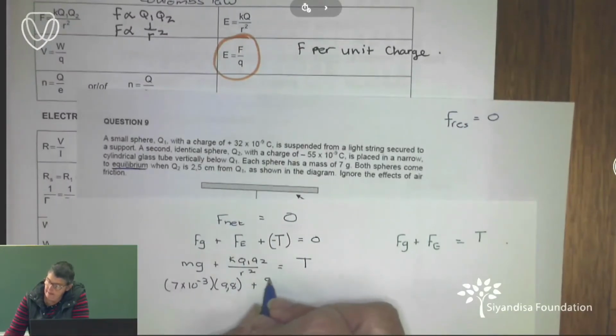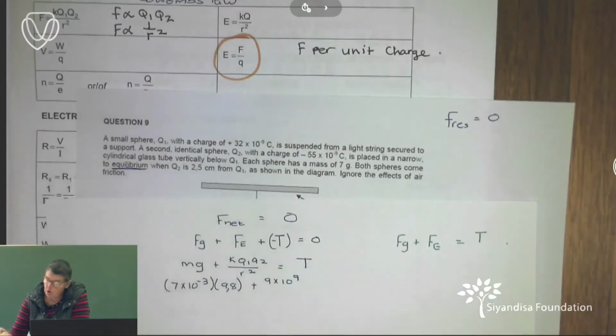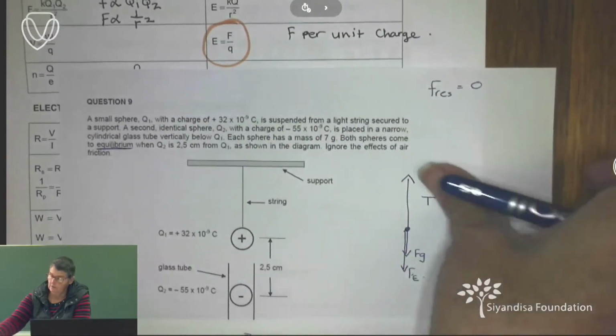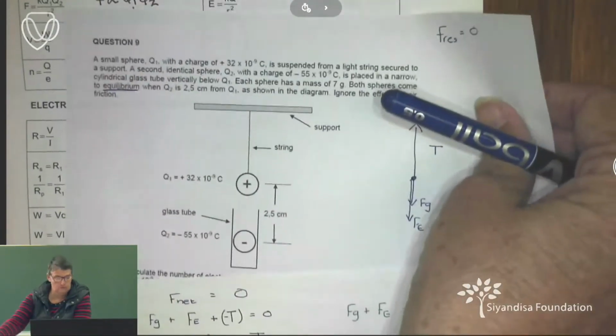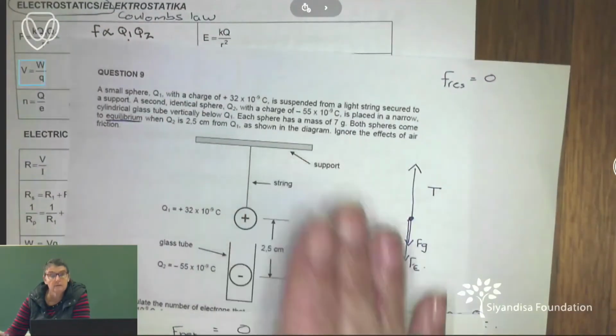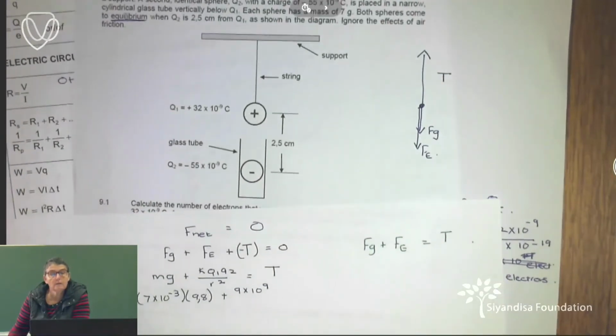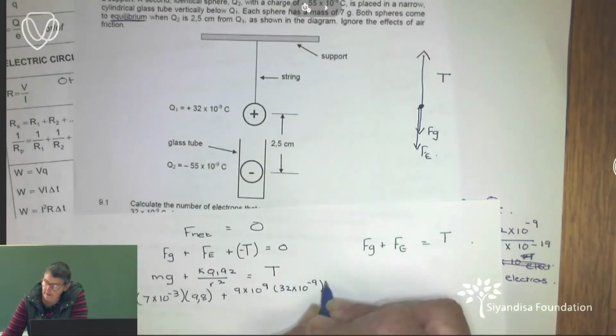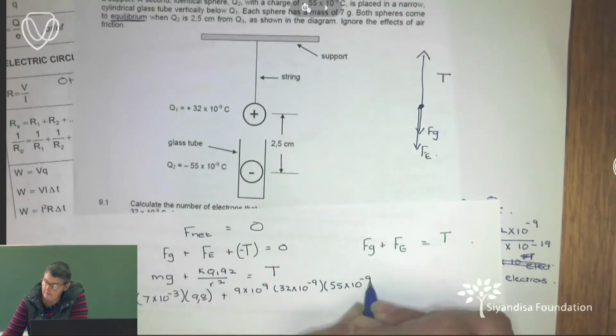Plus 9 times 10 to the 9th, Q1. Let's quickly check. Q1 is 32 times 10 to the negative 9, and Q2 is 55 times 10 to the negative 9.